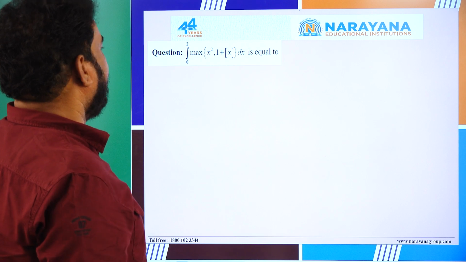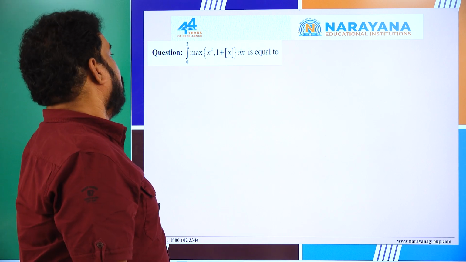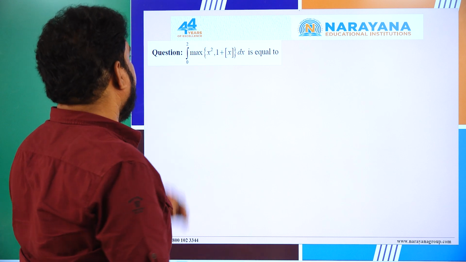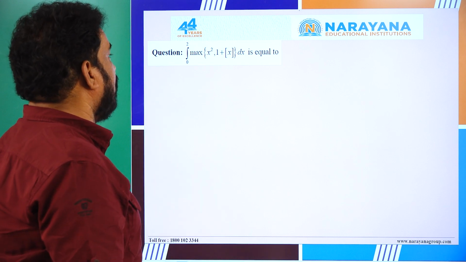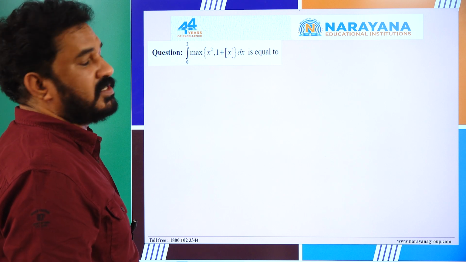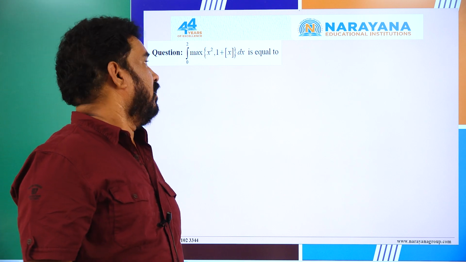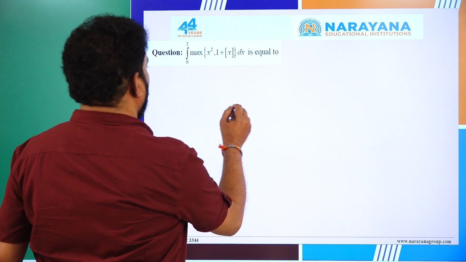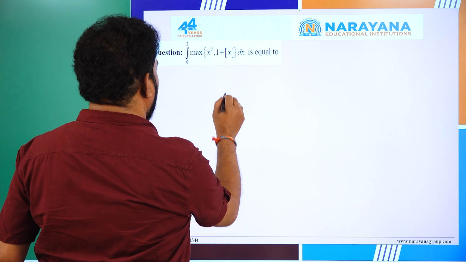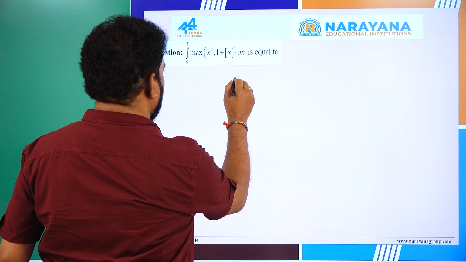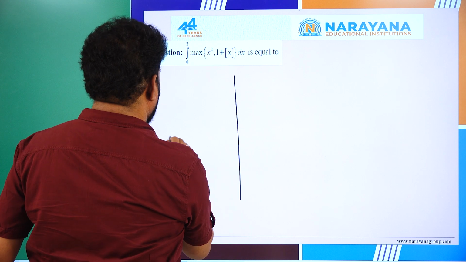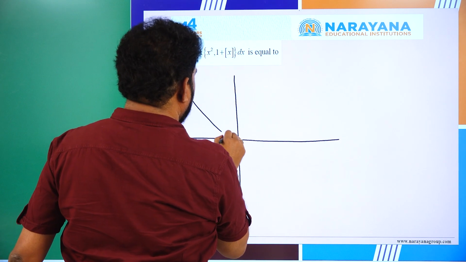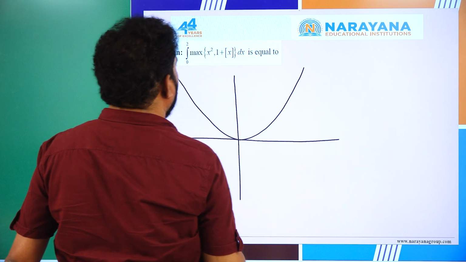Now an integration question, a definite integral question. A little bit typical question, I think, but we will do it. The integral from 0 to 2 of the maximum of x square comma 1 plus step x. To get this, we need to draw the graph between 0 and 2. x square is a parabola.